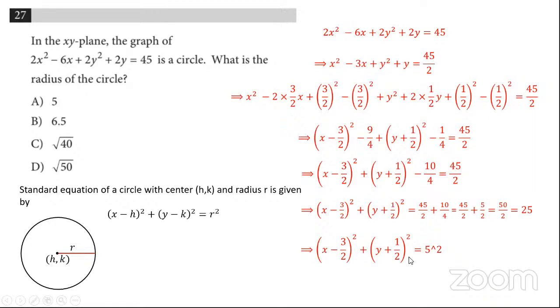So now comparing this equation with our standard form, that is x minus h the whole square plus y minus k the whole square equal to r square, we get that r equal to 5. So the required radius of the circle is 5. So our answer should be option A. If you guys are still with me, just say yes.